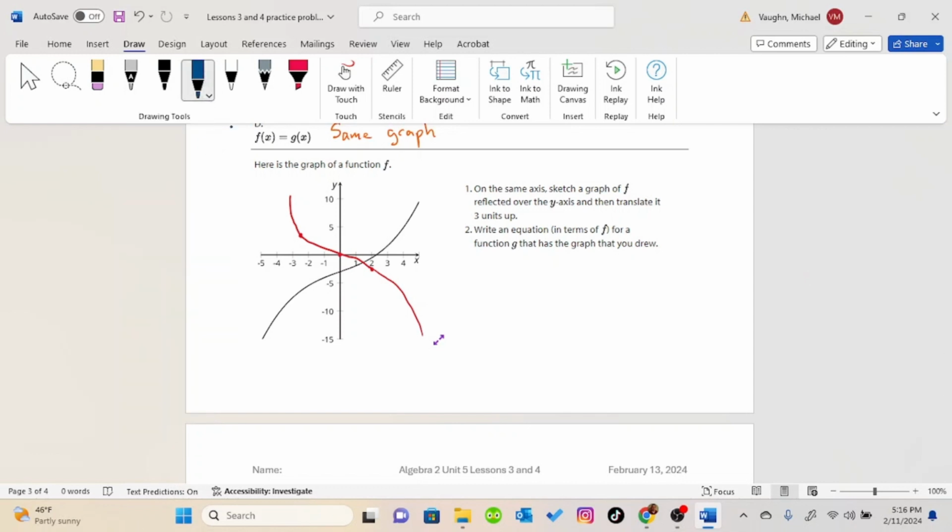Number 2, write an equation in terms of f for a function g that has the graph we drew. So now we're going to have g of x.